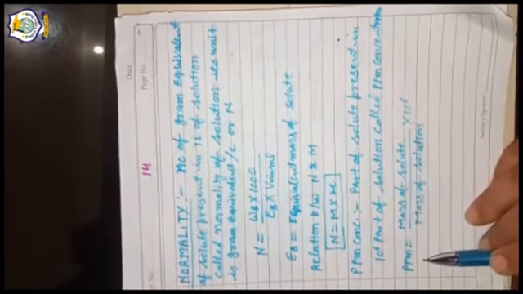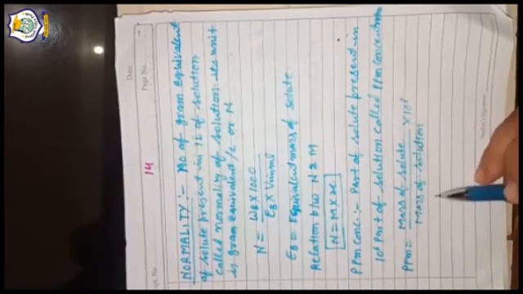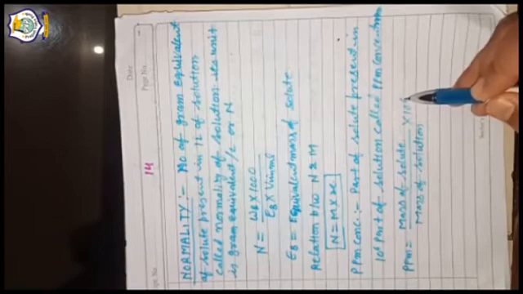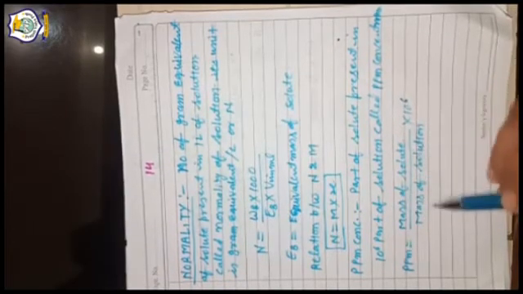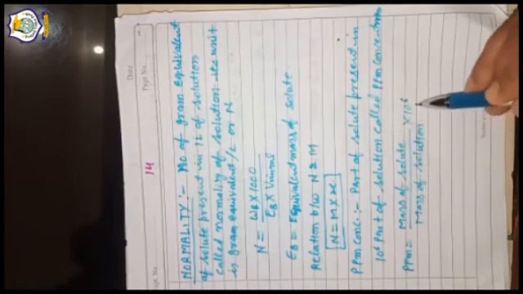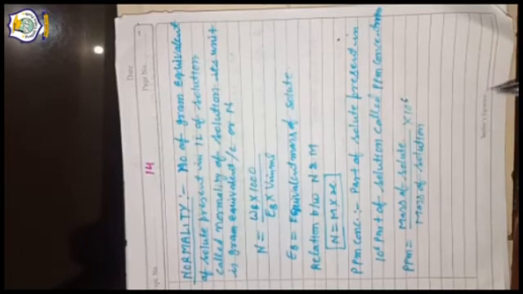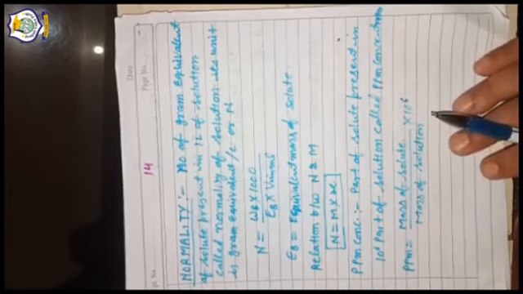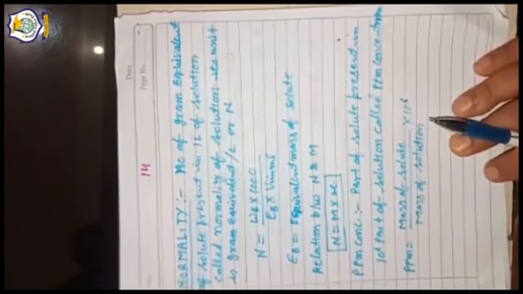It is found as ppm equals mass of solute in gram upon molar mass of solute into 10 to the power 6. The ppm concentration is used for finding the hardness of water and air pollution of the cities.